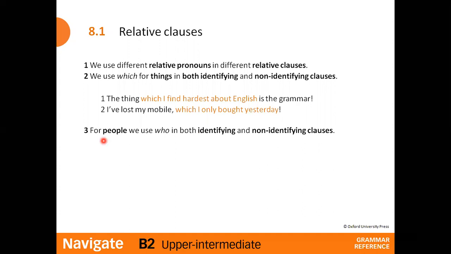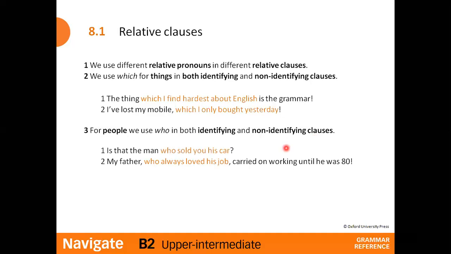Okay, next. For people, we use who in both identifying and non-identifying clauses. For example, is it the man who sold you his car? The man is identified by who here, and this is an identifying clause. Next example, my father, who always loved his job, carried on working until he was 80.